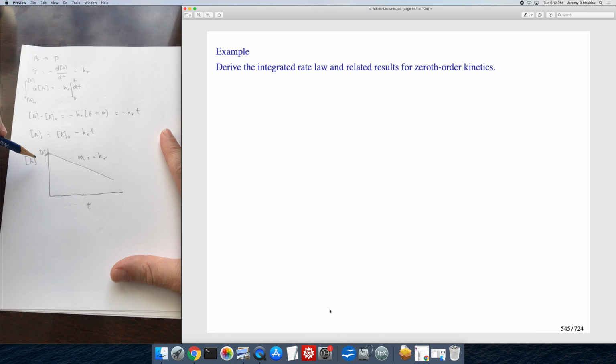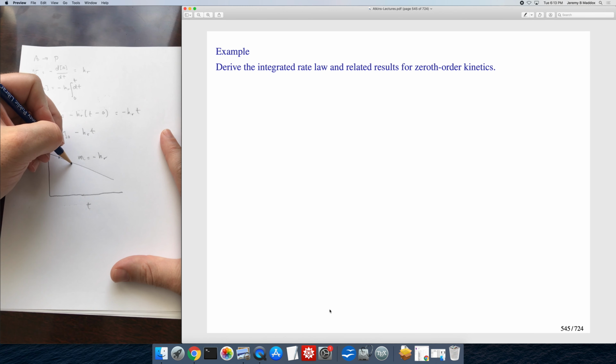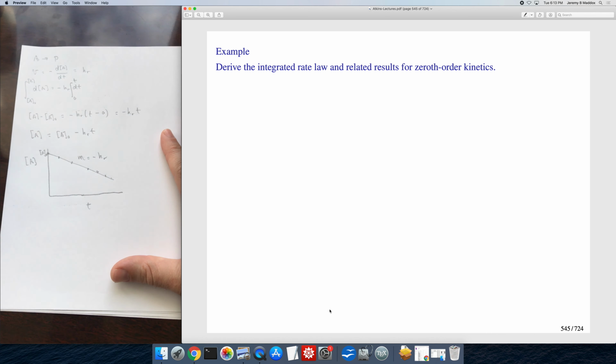So for zeroth order kinetics, what you can do is monitor concentration versus time. So you get these data points, and then you plot the data, concentration versus time, do a linear fit. The slope gives you minus the rate constant.